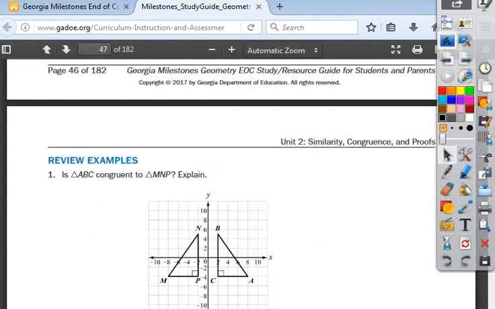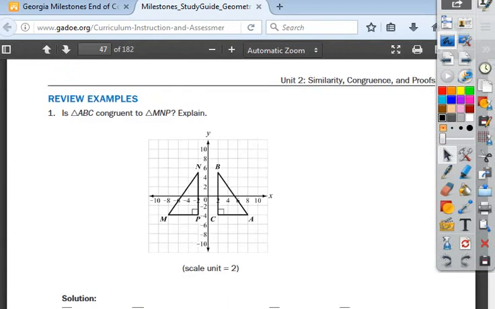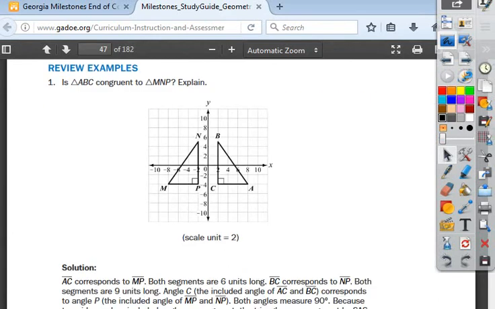How would I know if these are congruent? Are the sides the same length? If the sides are the same length, then what rule works? If the sides are the same, what rule works?